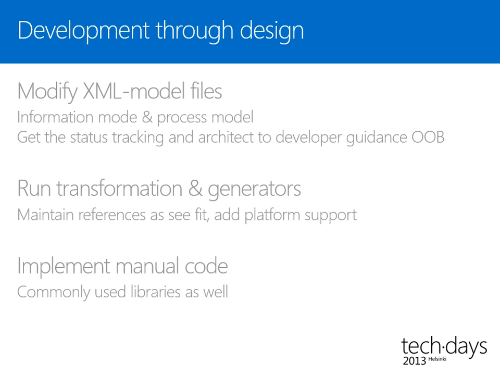Then the demo one series, which is the longest one, explains the whole development process, and it always goes with the ADM style. So you modify XML models that are the design level abstraction layer, the information model and process model in this case, and we demonstrate how you get status tracking and basically architect-to-developer guidance out of the box.